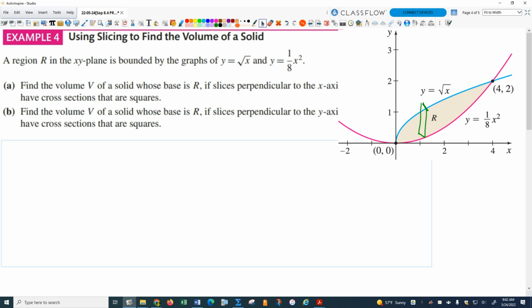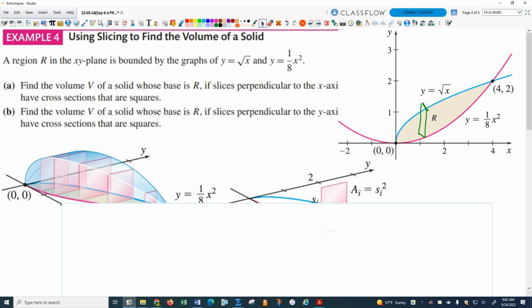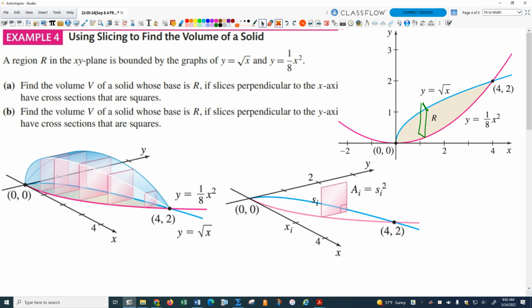So what's the cross-sectional area going to be then? All we really need to know is that distance, right? The distance between the two curves, and that's the side of a square. So I square that distance to get the area, right? There's my top curve, there's my bottom curve. Right? There's a better picture.